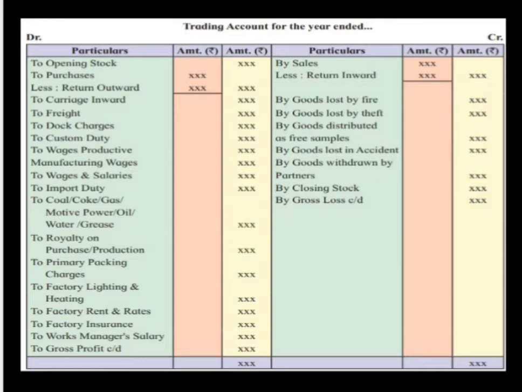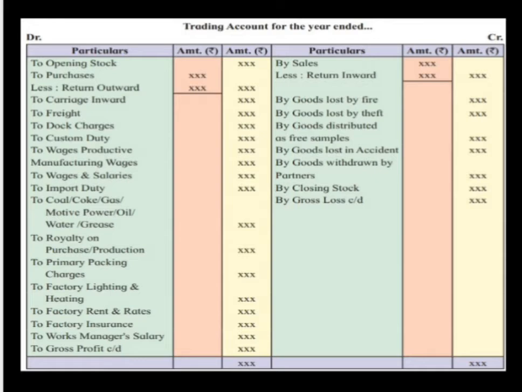First is the opening stock, and always write "To" on the debit side and "By" on the credit side. We will see them one by one. To opening stock, to purchases less returns, to carriage inward, to freight charges, to dock charges, to custom duty, to wages, productive manufacturing wages, to wages and salaries.